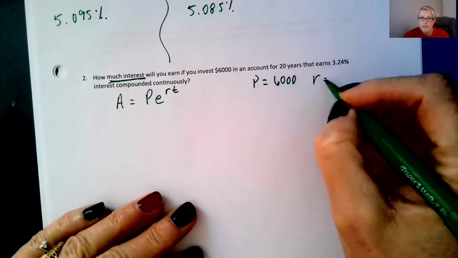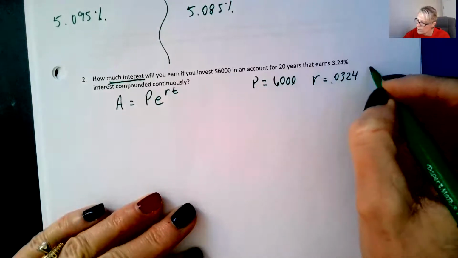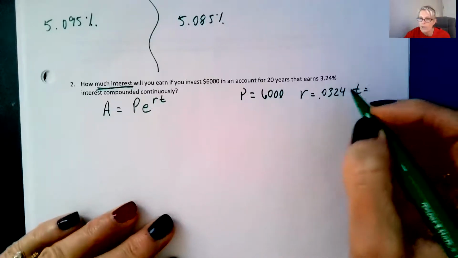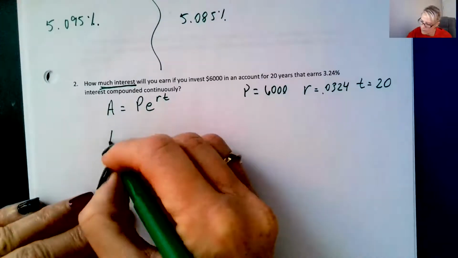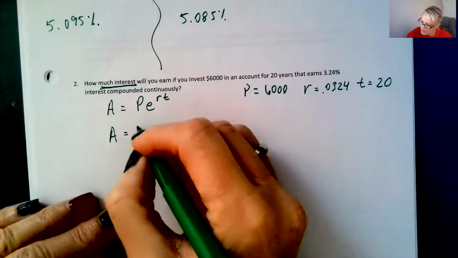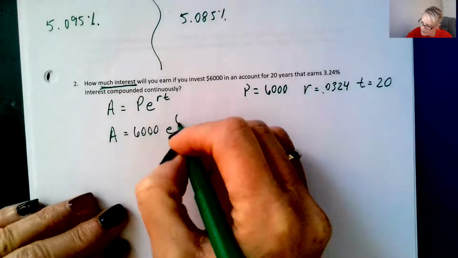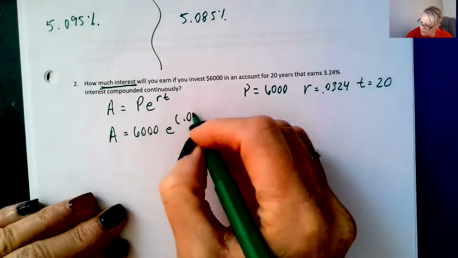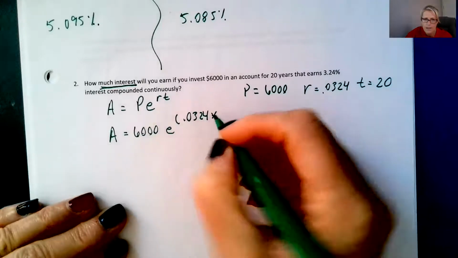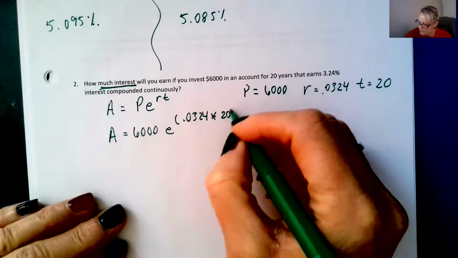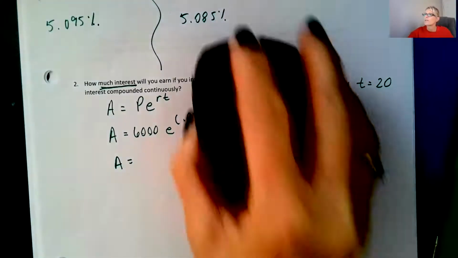Our rate is 0.0324, and our time is 20 years. Okay, so my formula looks something like this: 6,000 e to the r, which is 0.0324 times 20. So I'm going to put this in Desmos here.